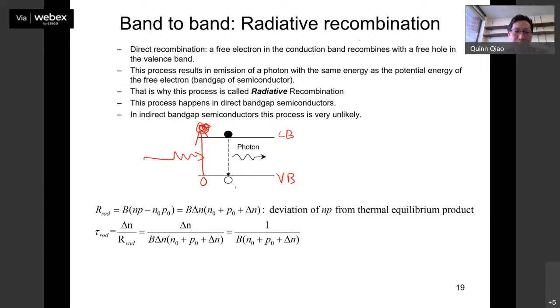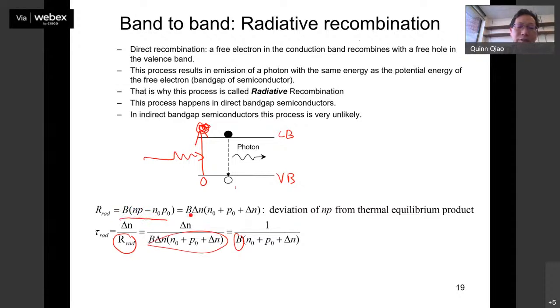So with that, since this radiative has R equal to B(n0 p0 + delta n) delta n, you get delta n divided by that, 1 over B(n0 + p0 + delta n). This B depends on materials. Different materials have different coefficients for the band-to-band absorption. If you talk about B times (np minus n0 p0), how do you get this?